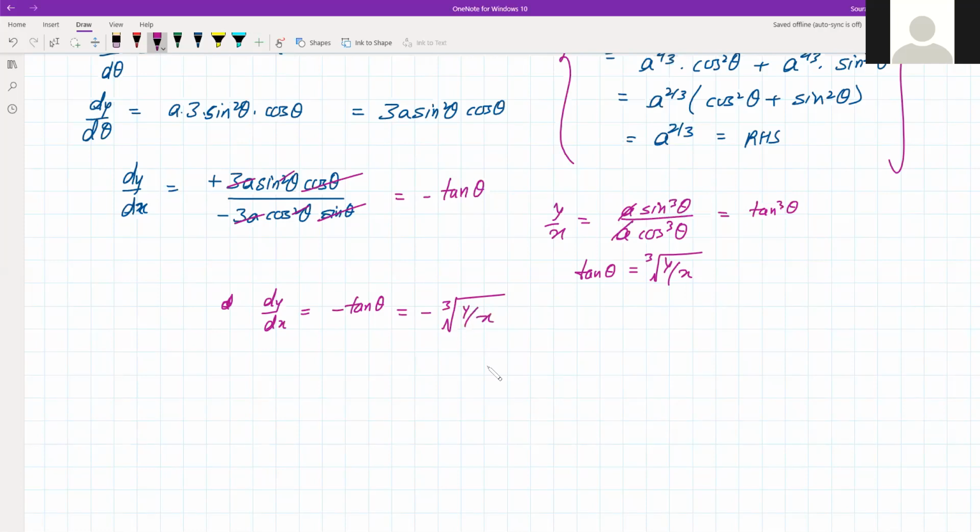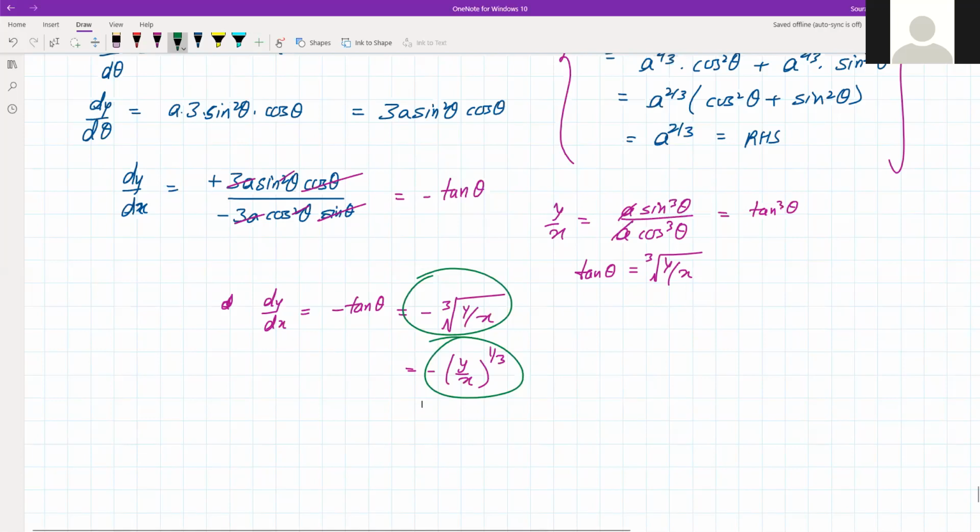Or this can also be written as minus y by x to the power 1 by 3, that is the cube root. So this or this, both are right. That is about the parametric form.